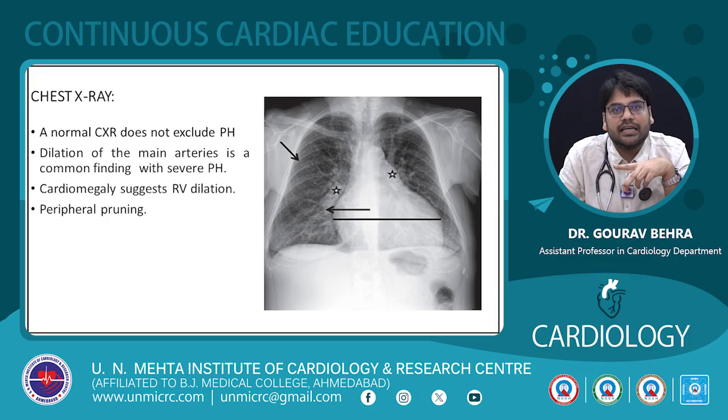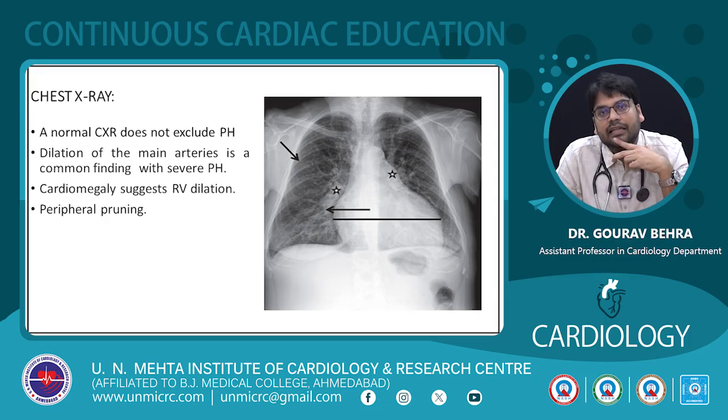You can see in this X-ray that peripherally there is a loss of vasculature. You can see it in the medial and middle part, but it is absent in the lateral part. As well, you can also appreciate the cardiomegaly.